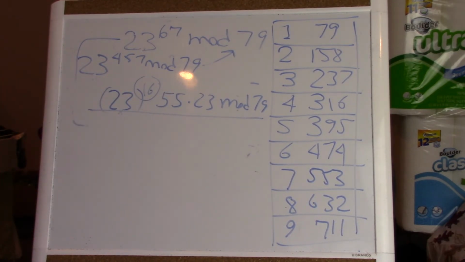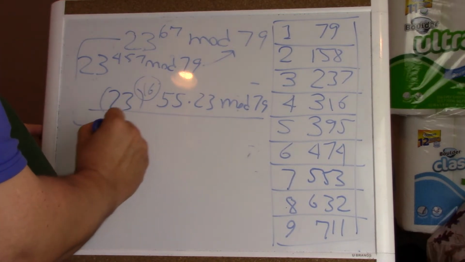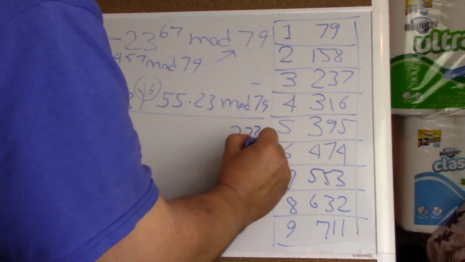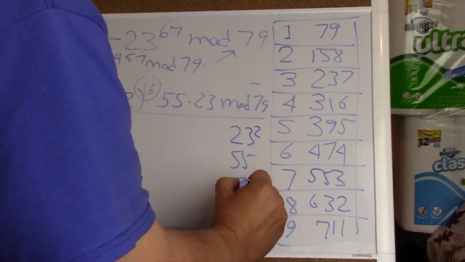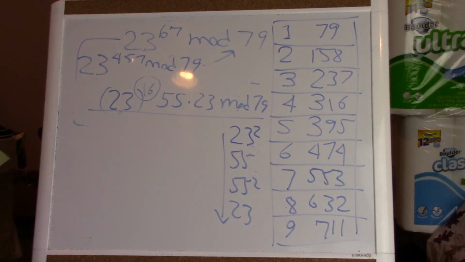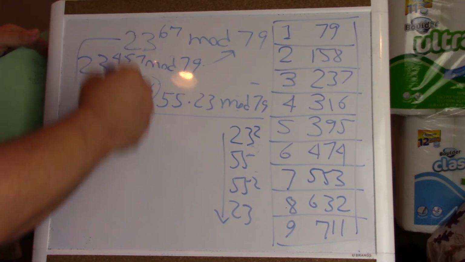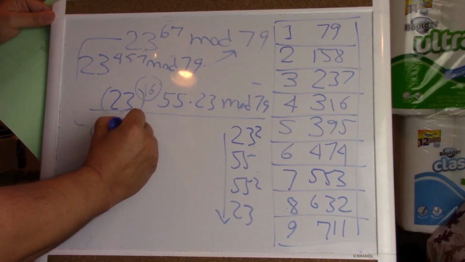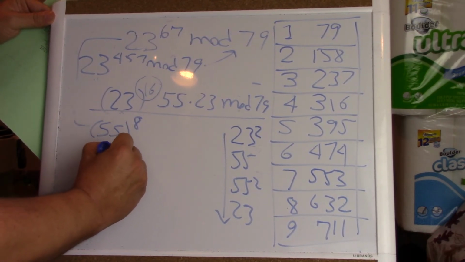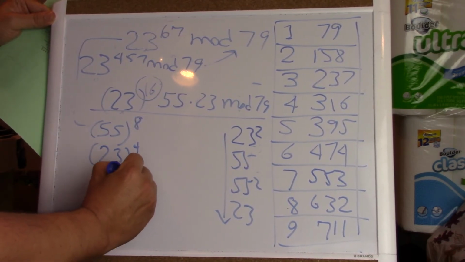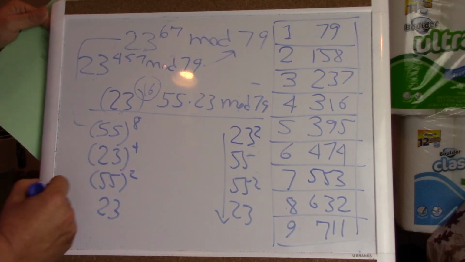And that is wonderful. Because all you need to do, since you saw the cycle, is that 23 squared becomes 55, 55 squared becomes 23. Alright, so what are we going to do? We're going to do a little downward staircase. So this is 55 to the 8, which is 23 to the 4, which is 55 squared, which is 23.